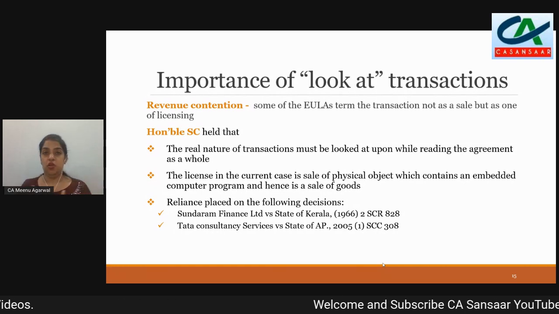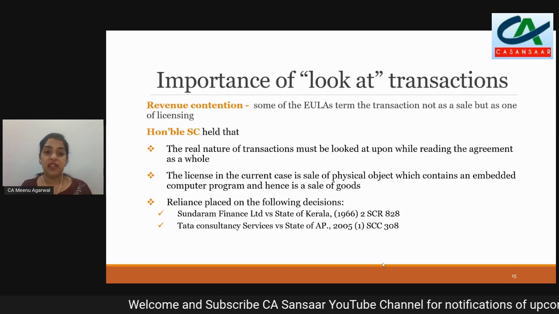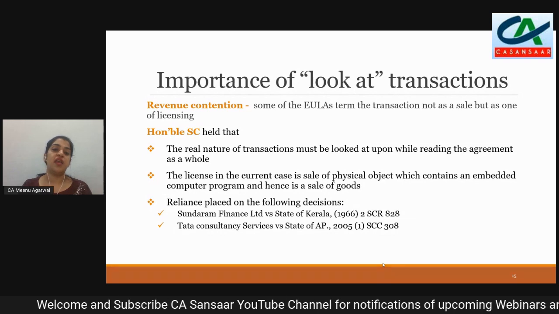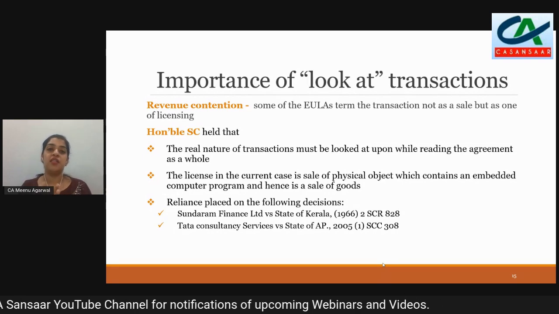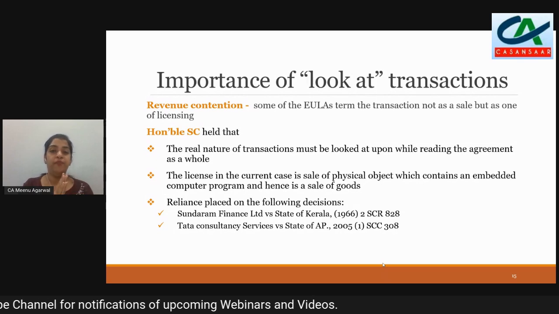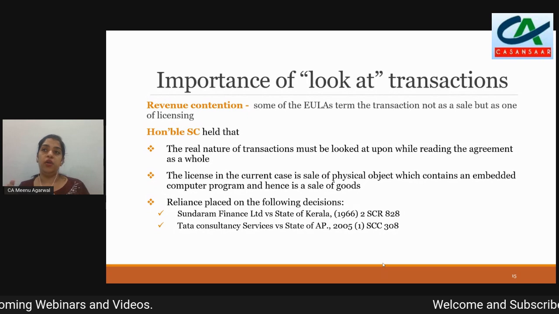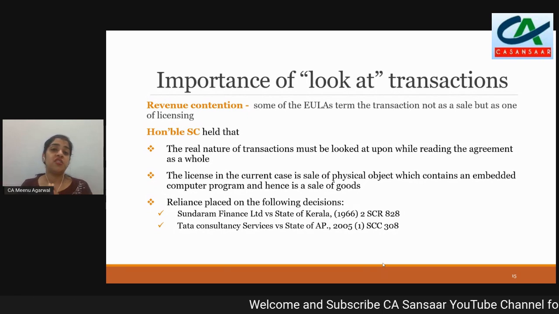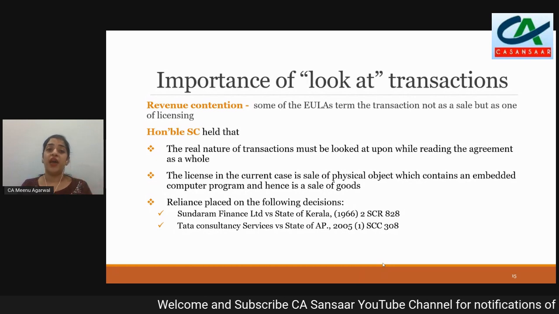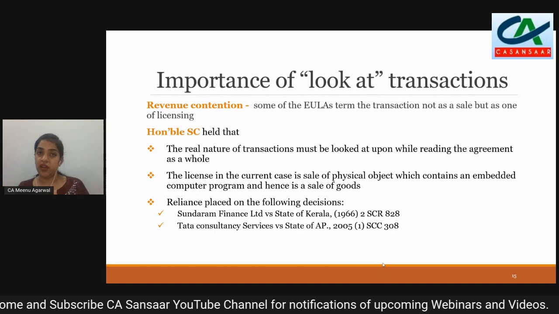Applying that case law over here, it said that the license in the current case is a sale of a physical object which contains the embedded computer program, and hence it is a sale of goods and not royalty. I repeat again, you need to distinguish whether the right you get is a copyright or it is only a copyrighted article.